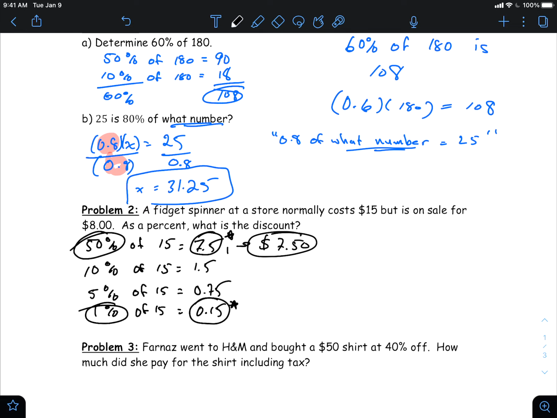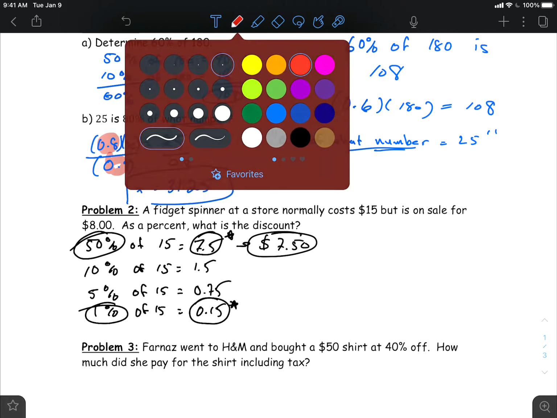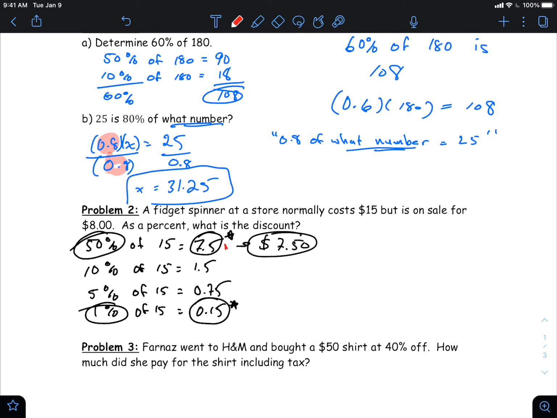I would say one of these and 3 of these. Would everybody agree? So if I added up 7.5 plus 0.15 plus 0.15 plus 0.15, you could see that adds up to 7.95, which is pretty close.